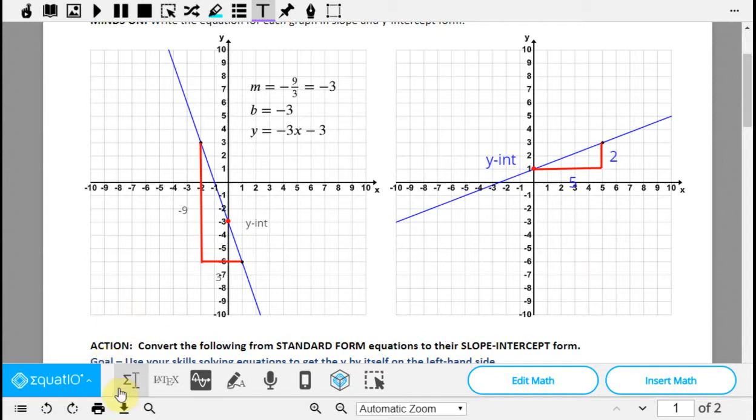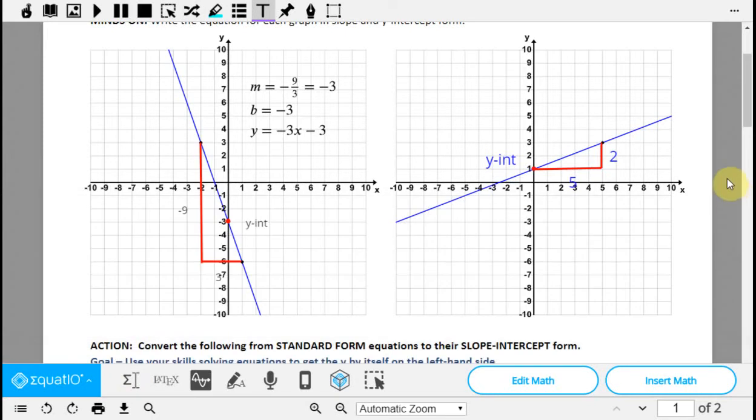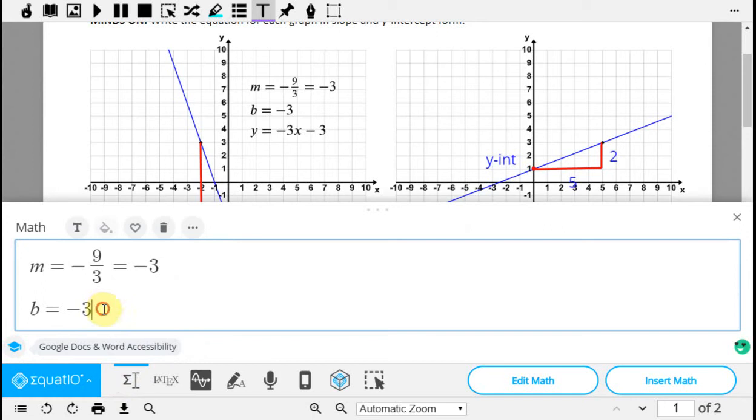Now I want to do my slope. So my rise is 2, and both of these values are positive. My rise is 2, and my run is 5.